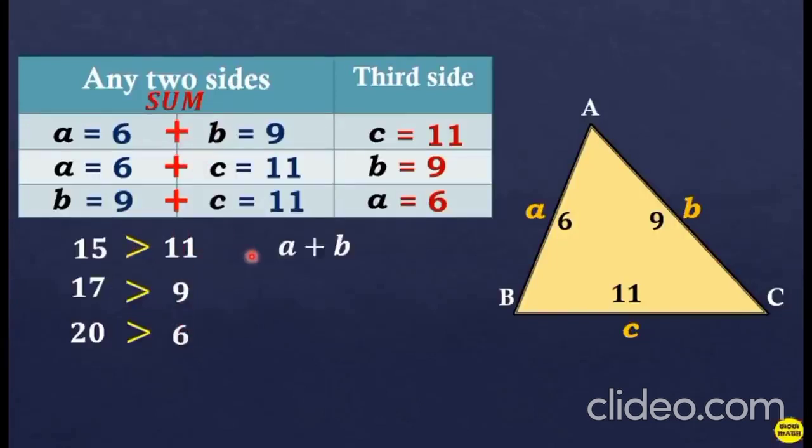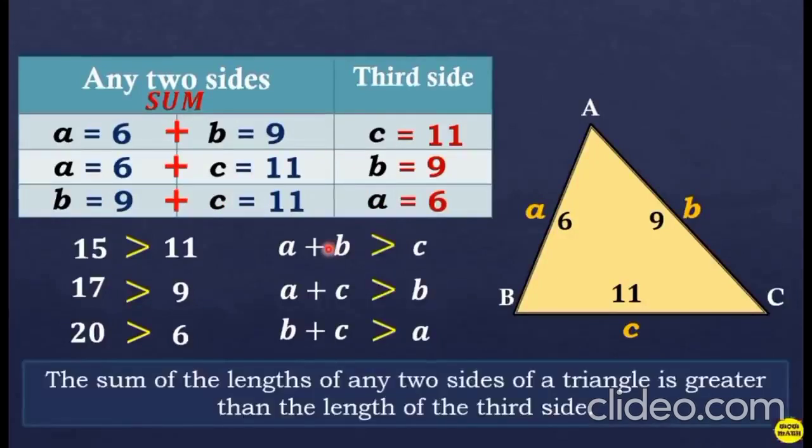So therefore, we can say that the sum of your A and B, pag inadd natin siya, and then we will compare it to its third side, and then the sum of A plus C, and then i-compare natin siya sa kanyang third side, and then the sum of B plus C at i-compare natin siya sa kanyang third side, kung mapapansin natin, that is always greater than the third side.